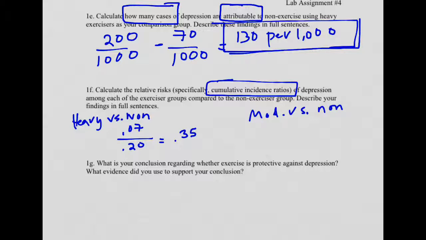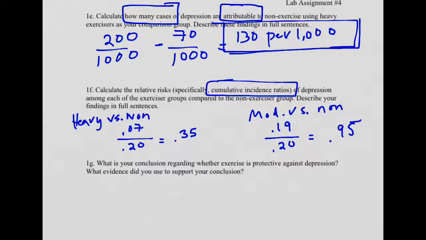For our moderate versus non, the cumulative incidence of depression among our moderate exercisers was 0.19, and these are just from the previous page. Then the cumulative incidence among our non-exercisers again was 0.20, so this equals a relative risk of 0.95.